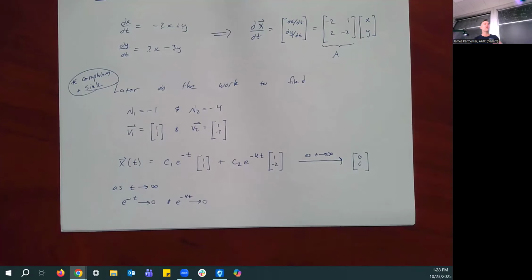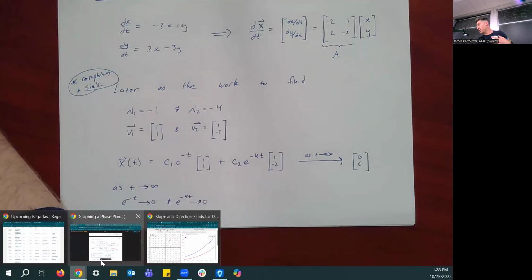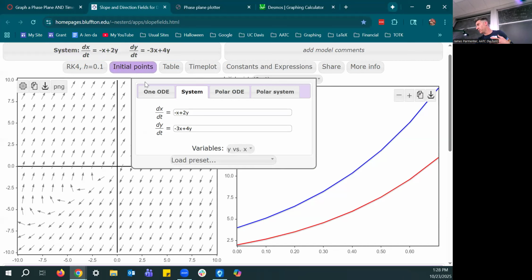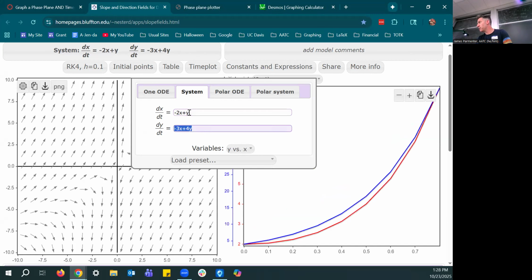And that's why this is called a sink, because we can actually see it in this direction field. If we were to graph this one, where it's -2x plus y, and the other one is 2x minus 3y.